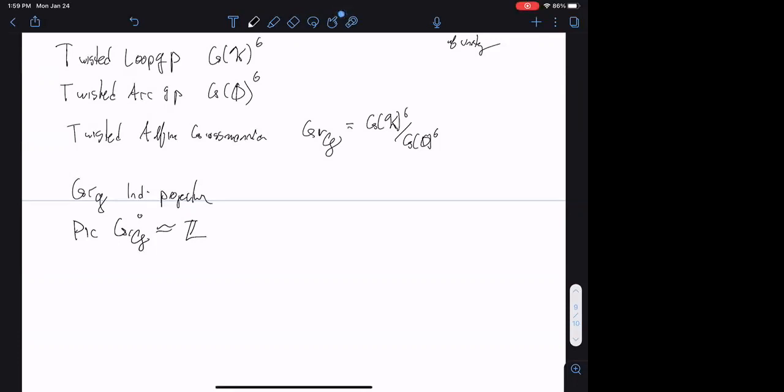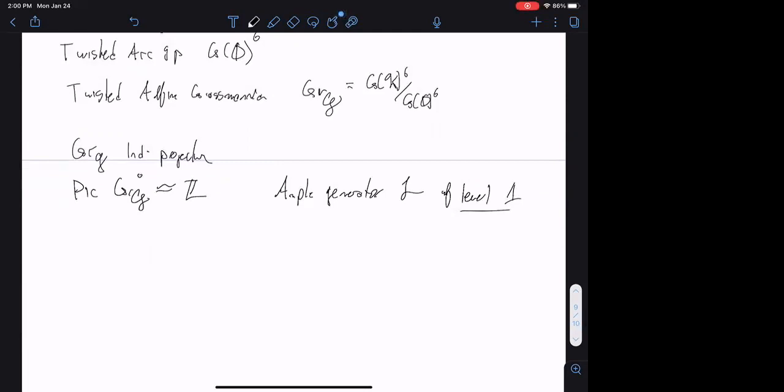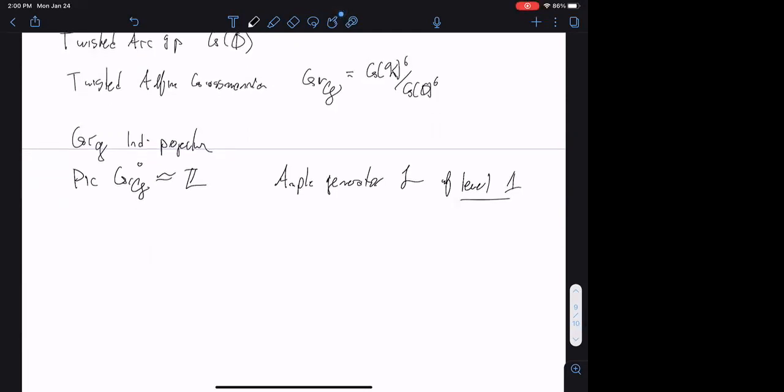The Picard group of the neutral component is isomorphic to Z, and we have an ample generator L of level 1. This is also something that is repaired by taking the order 4 automorphism instead of order 2. Basically, the twisted A2n case always behaves poorly, or is totally ramified. SU of a totally ramified field extension can behave badly, is roughly what I'm saying here.